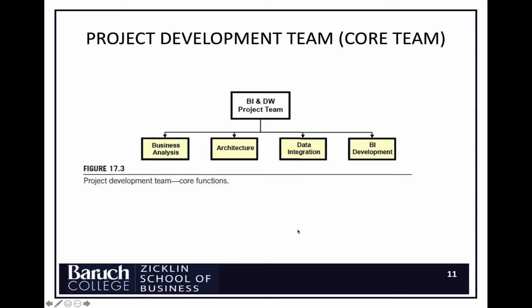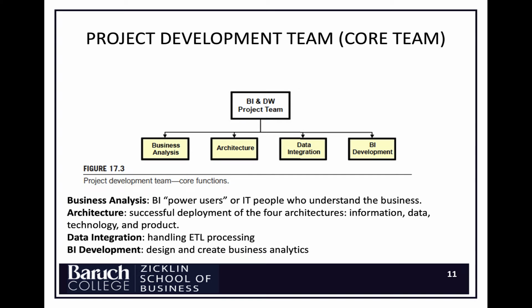So let's talk specifically about the project development or the core team. The core team includes people who are taking up 4 main roles. There are a set of people who are going to be business analysts. This is a sub-team of people who could be either part of the business departments or part of IT, but overall they're responsible for gathering and prioritizing business needs, and they translate them into data and system requirements.